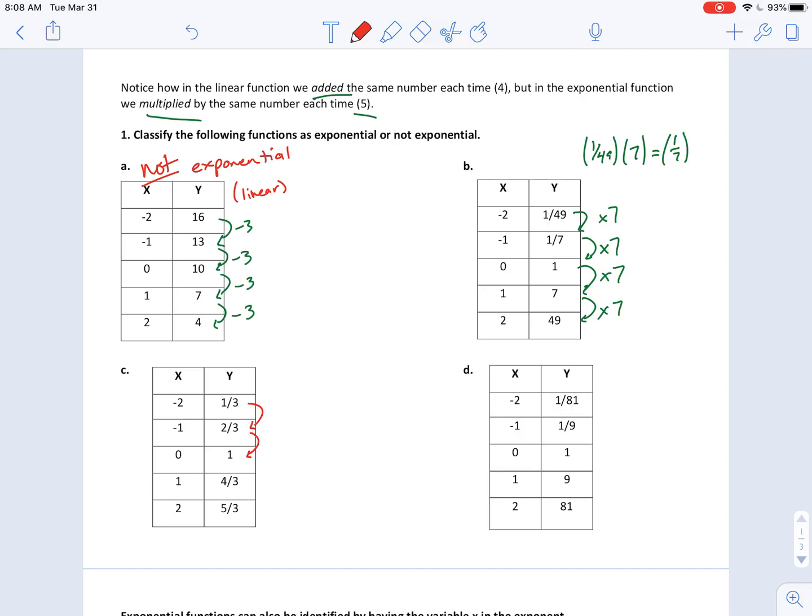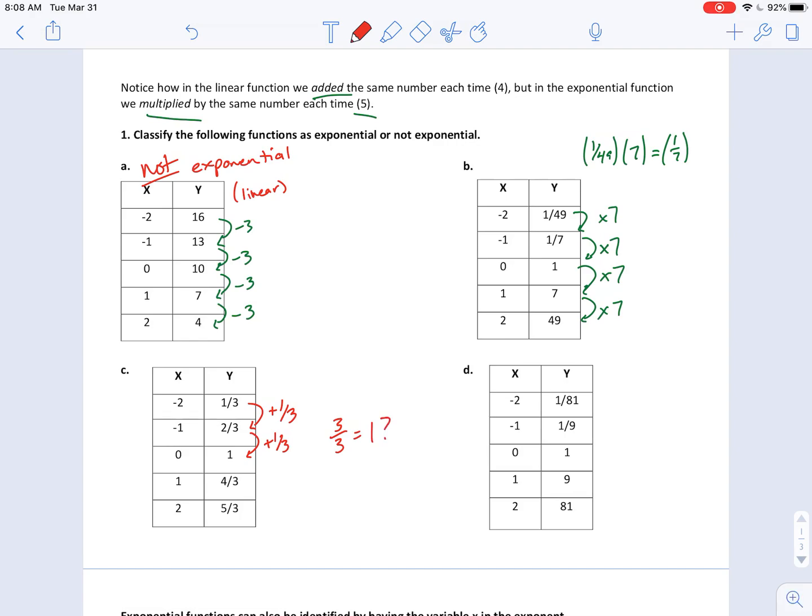So let's see, 1/3 to 2/3. Well, I could multiply by 2, but then if I do that again, that's not going to work. I could also add 1/3. So 1/3 plus 1/3 is 2/3.